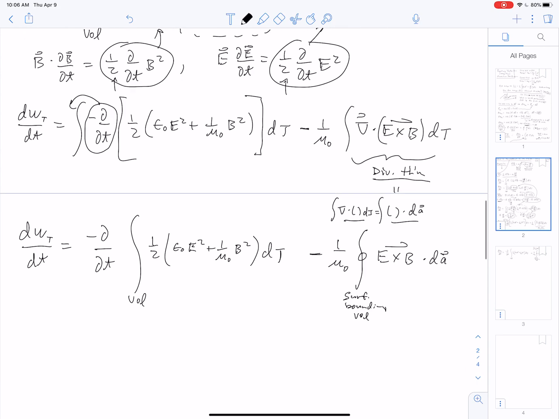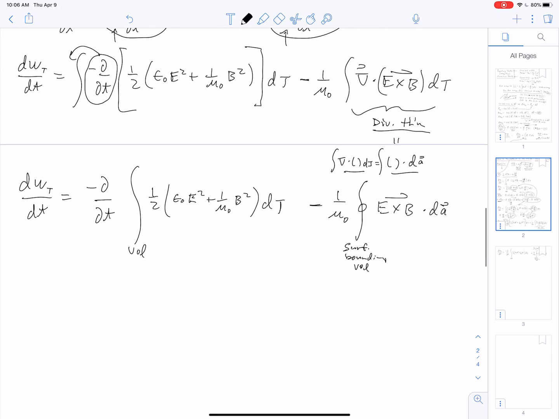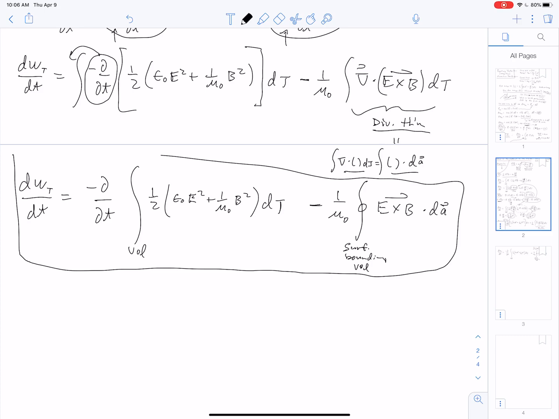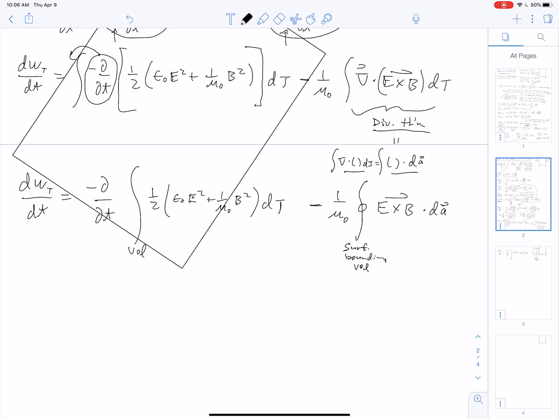Okay, that is the result. Let me put a box around it before discussing it. That is the result, and this is called Poynting's theorem.